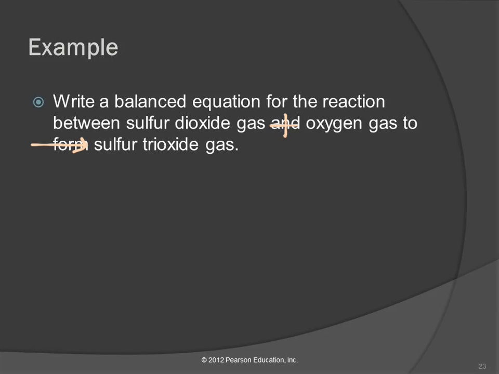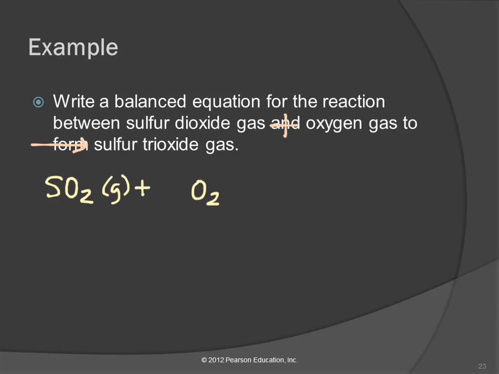So we need to write the formulas for these guys. Sulfur dioxide. Well, that's one of those covalent compounds, sulfur dioxide. Di tells us 2 oxygens. We're given the state symbol, so we should just write that in there. Plus, leave a space. Oxygen. Is oxygen a diatomic element? Yes, it is.